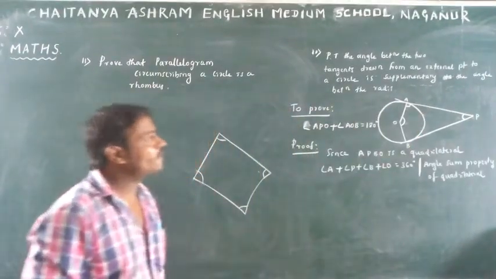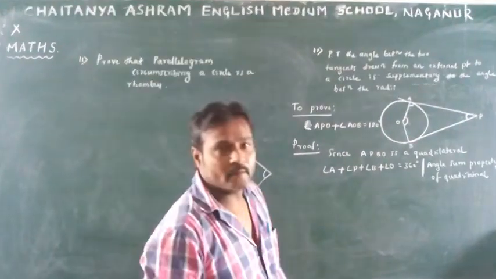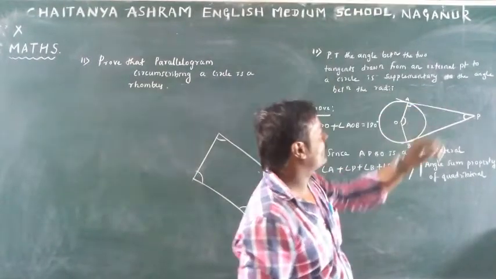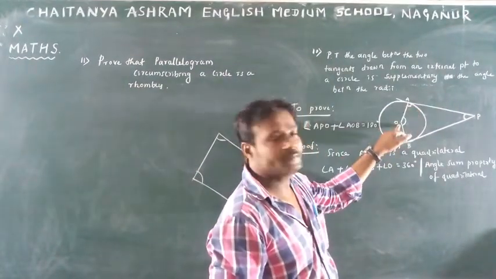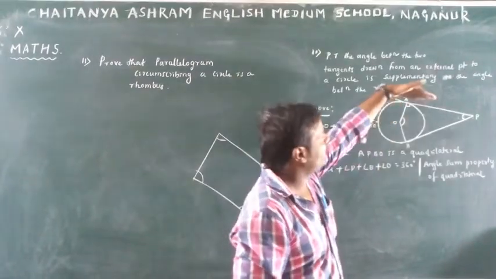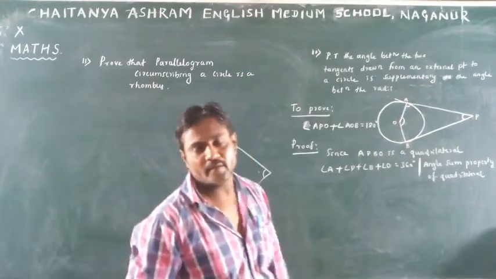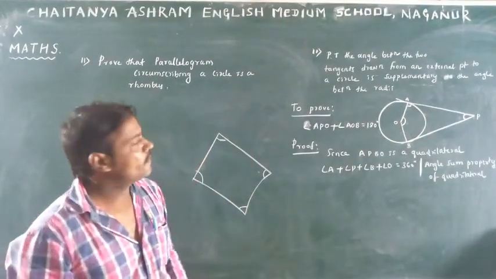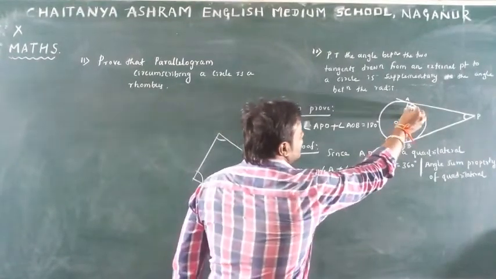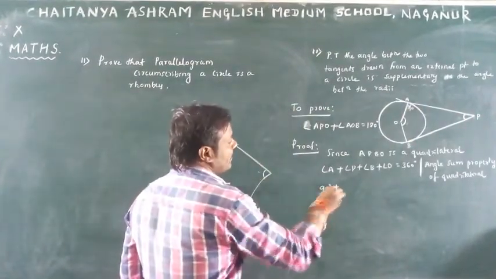It is exactly 90 degrees, because in theorem number 1 we studied that this is the tangent to this circle, this is the radius drawn through the point of contact. So the tangent is perpendicular to the radius through the point of contact. So the measure of this angle is 90 degrees.